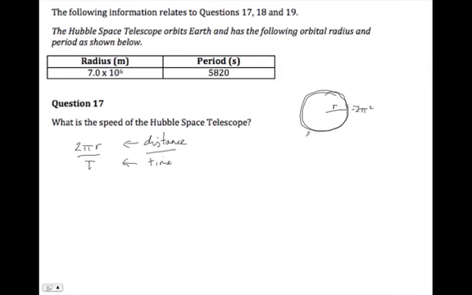And the period is the time it takes to go all the way around, so that's distance, and the period is the time. So there's really nothing terribly fancy about this equation. So v equals 2 pi times 7 times 10 to the 6, divided by the period, which is 5820, and that comes to 7,557 metres per second.